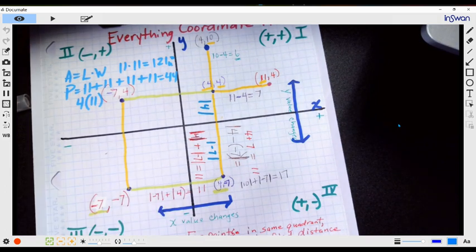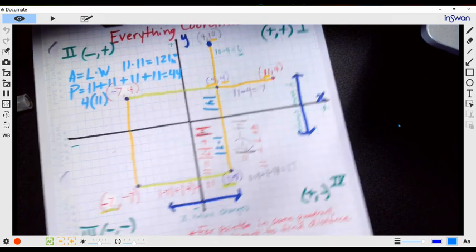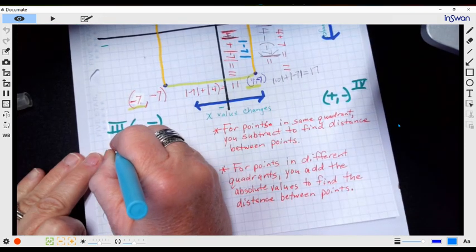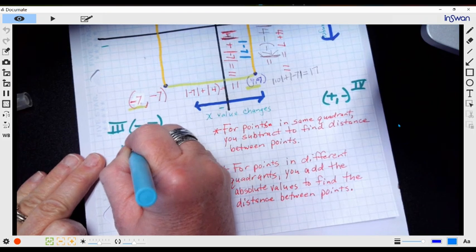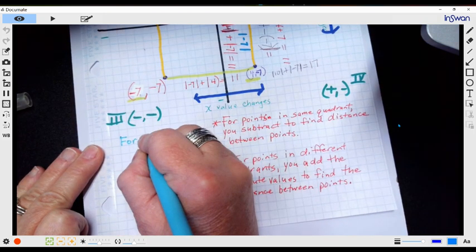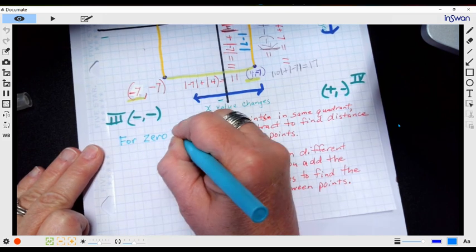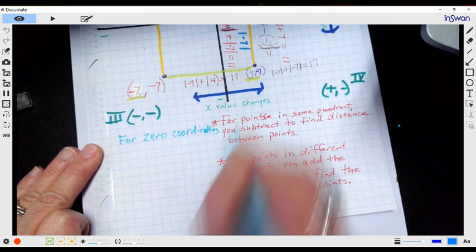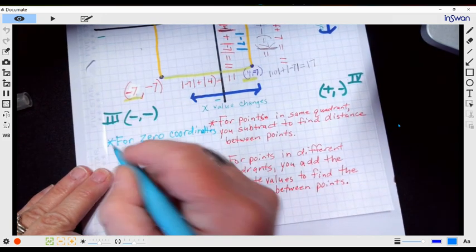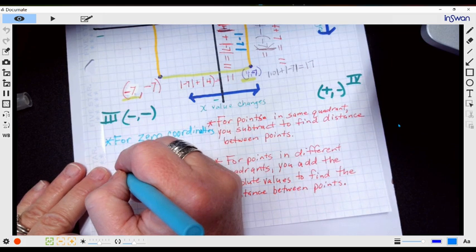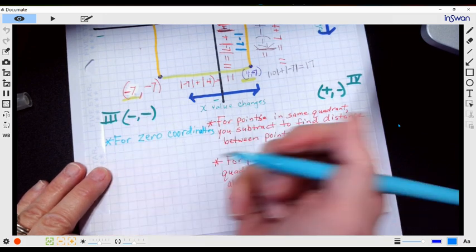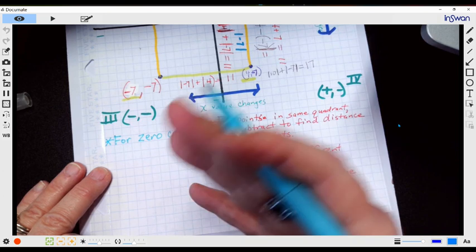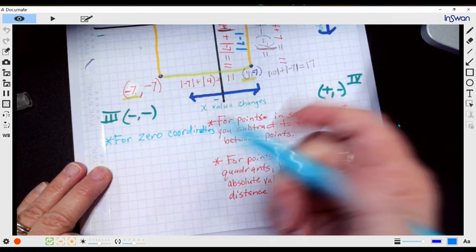If I have any value that is 0, and this is important, for 0 coordinates, the 0 value or the place of the 0 value means that it's going to be on that axis. So you're only going to have your x or your y.